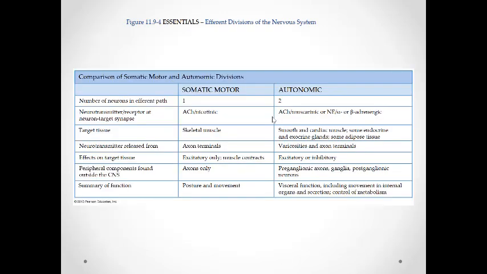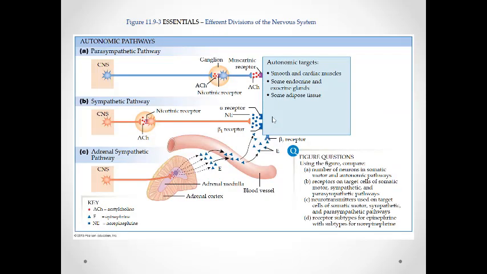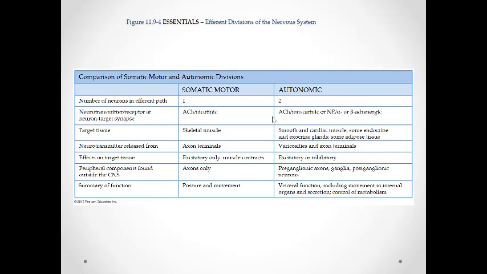This right here is another way to divide somatic and autonomic neurons. In somatic, you usually have one efferent path. Autonomic has two, right? Why two? Because you have the parasympathetic and the sympathetic. Somatic neurons are going to use acetylcholine or nicotinic neurotransmitters, while the autonomic uses acetylcholine and norepinephrine.